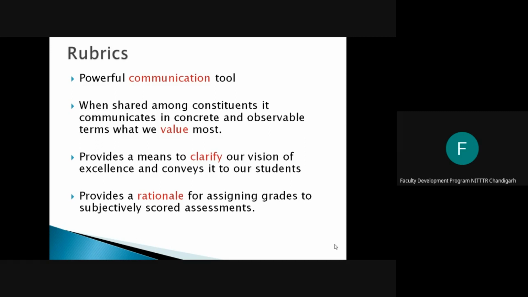If a subject has 4 to 5 units, the student knows that overall he has got 70 out of 100. But what are the areas in that subject where some improvement is needed? What are the areas where that student is strong? That detailed feedback we are not providing to the student. We are only saying you have got 70 out of 100.